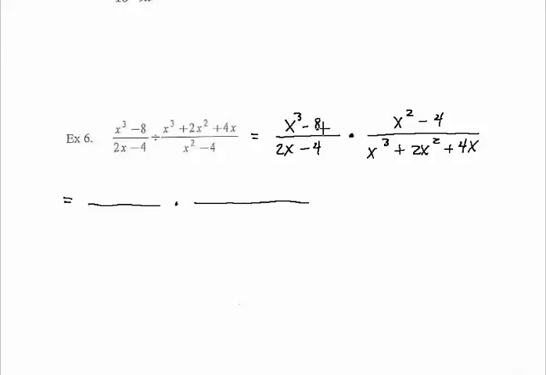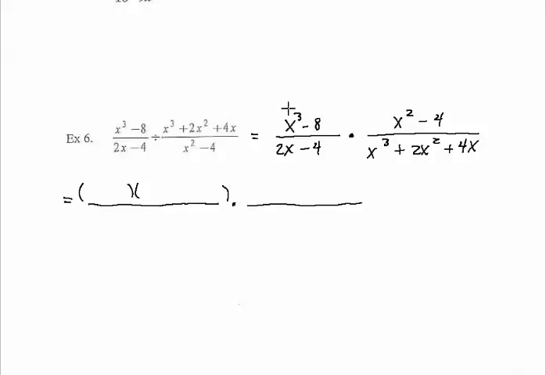Okay, now this is a difference of cubes, and that gets a little long and drawn out, so I'm going to extend this first fraction bar a little bit more, because we end up with a binomial and a trinomial, so 2 and then 3 terms.